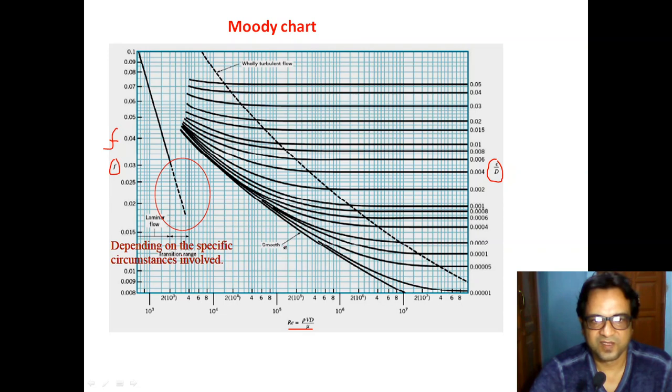So for smooth pipes as well as for rough pipes with different epsilon by D ratio and different Reynolds number, we can easily find out the friction factor for laminar flow as well as for turbulent flow. So this region is turbulent. This is widely used throughout the world to find out the friction factors.